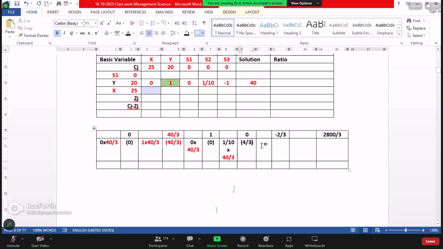This minus 1, minus 1 has to multiply by 40 by 3, minus 1 multiply by 40 by 3, is about minus 40 by 3.